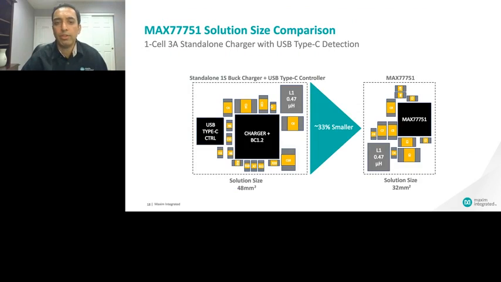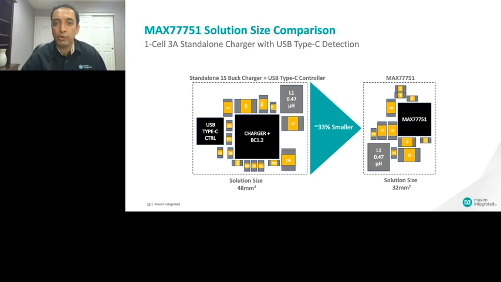This image really illustrates the advantage of having a very highly integrated solution. On the left, we have a picture of a typical charger, where it's very common to see the BC 1.2 detection block integrated in the charger.